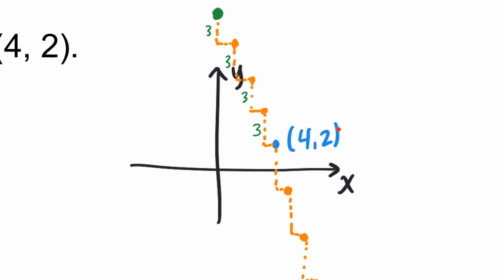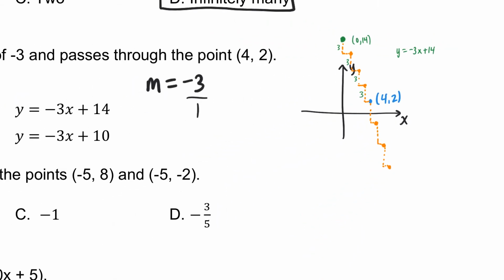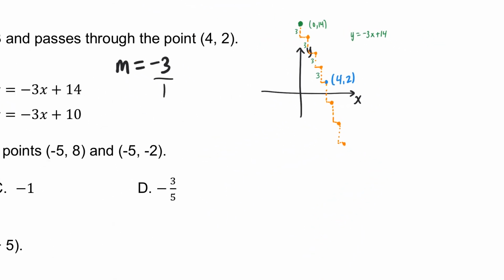So you had to climb 12. You were already at a y value of 2 there. So if you were at a y value of 2 and you had to climb 12, you'd be at 14. So you know that point there is at 0, comma 14. So then you could just say, look, y must equal negative 3x plus the y-intercept of 14. That's one option. That's probably the way that makes the most sense to me.